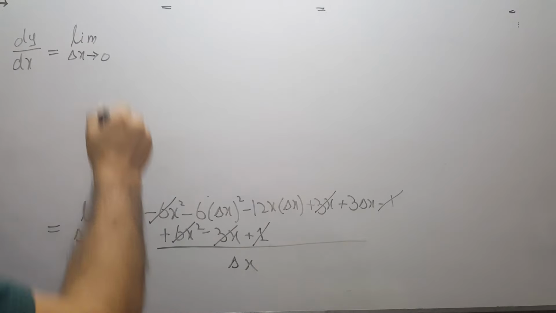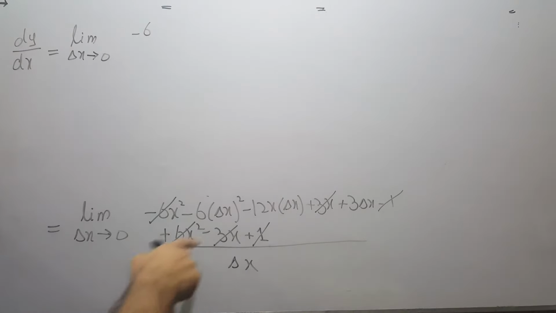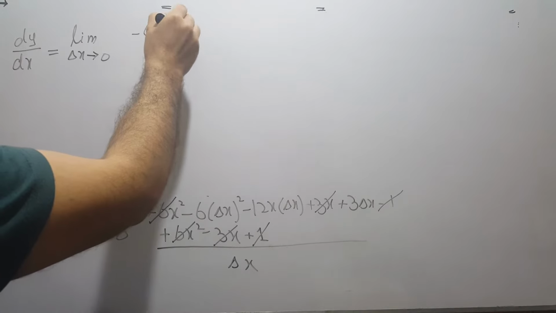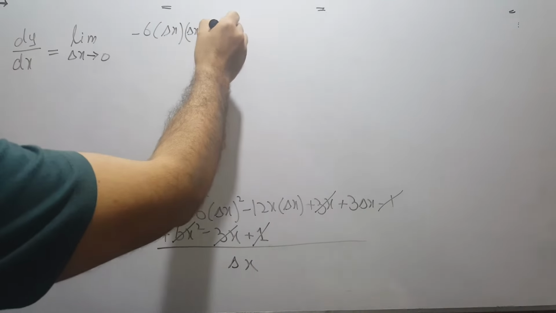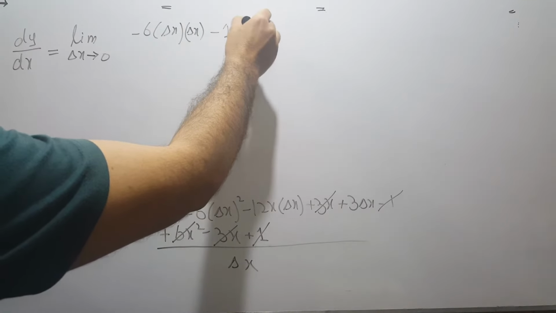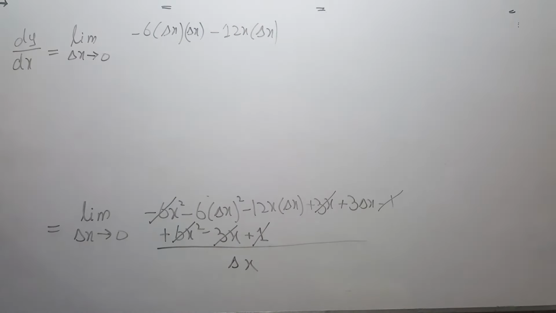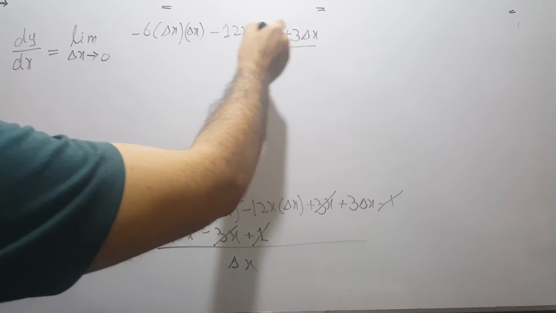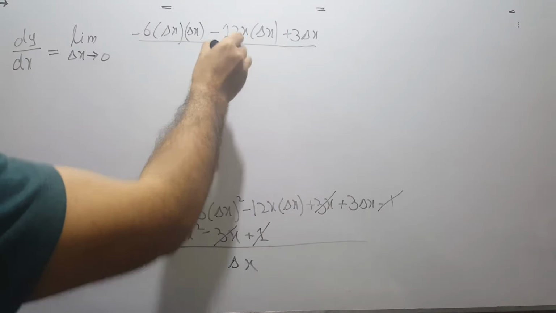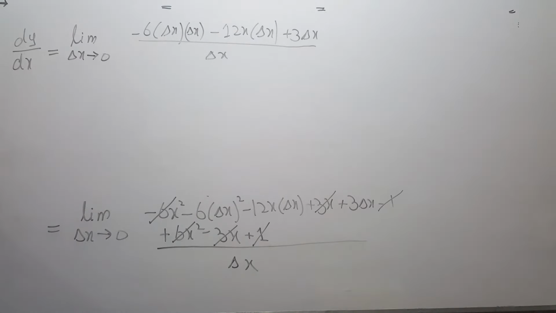So we are left with minus 6 delta x square, or you can write it as delta x minus 12x delta x and plus 3 delta x divided by delta x.